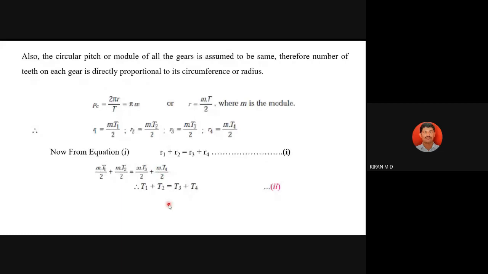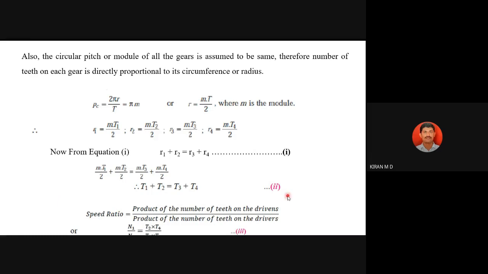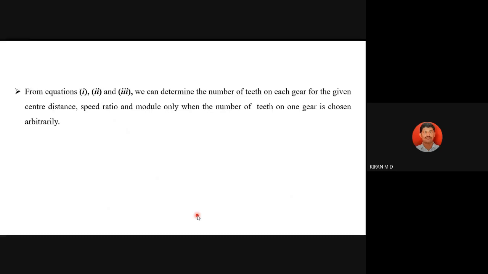So m by 2 gets cancelled on all terms, and it becomes T1 plus T2 is equal to T3 plus T4. This is the speed ratio equation that we already discussed. Is it clear?